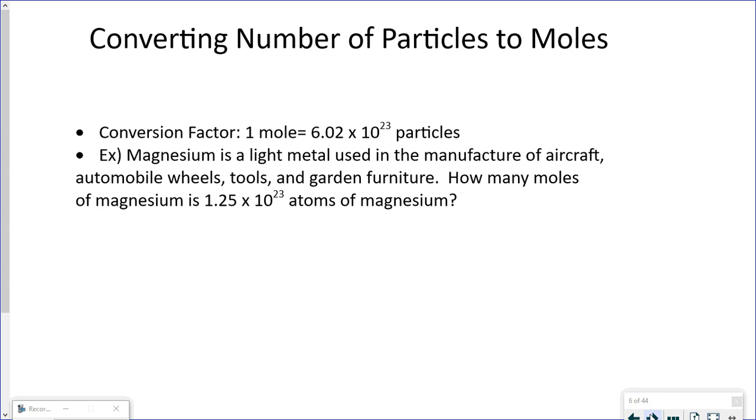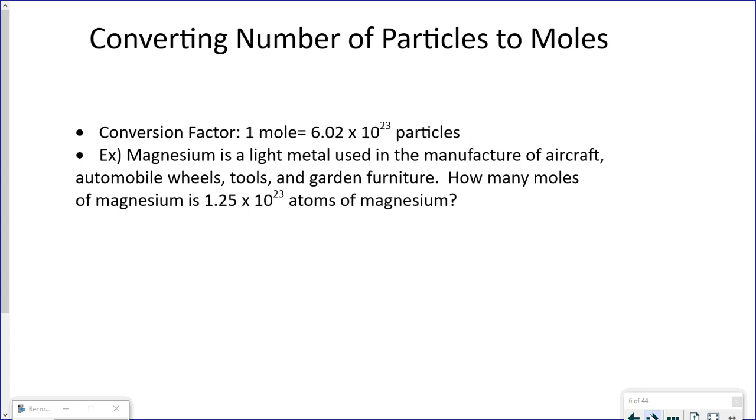So here's an example and we're going to work through it together. Magnesium is a light metal used in the manufacture of aircraft, automobile wheels, tools, and garden furniture. How many moles of magnesium is 1.25 times 10 to the 23rd atoms of magnesium?